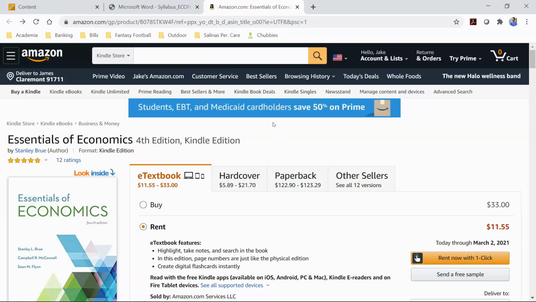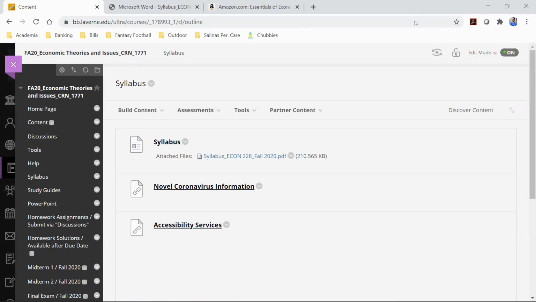So if you can do that $12 option, that seems pretty doable. I mean, that's like 2 Starbucks. There you go, you guys.